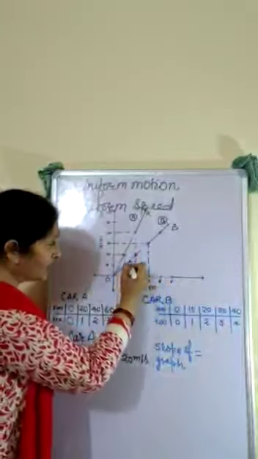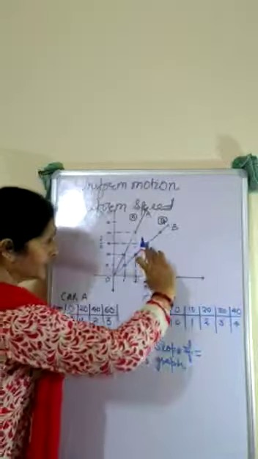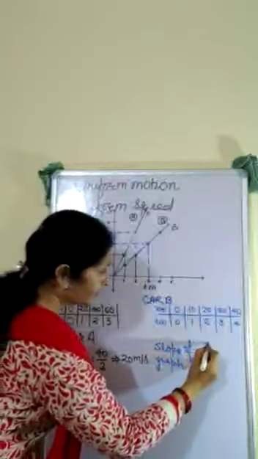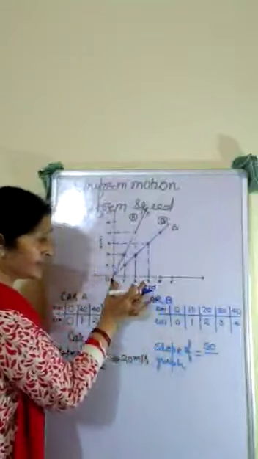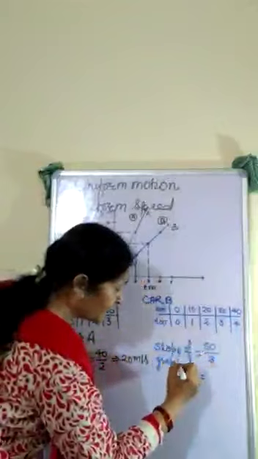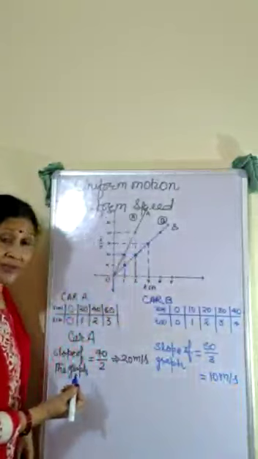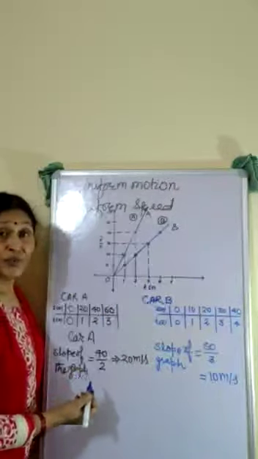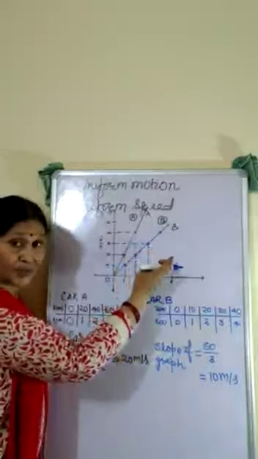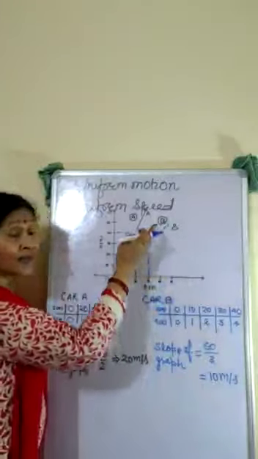For this triangle, this distance is the perpendicular, that is 30, and this is the 3 seconds. Therefore, the speed is equal to 10 meter per second. Now let us see which one is moving faster. Obviously, car A is moving faster than car B. Or you may say car B is moving slower than car A.